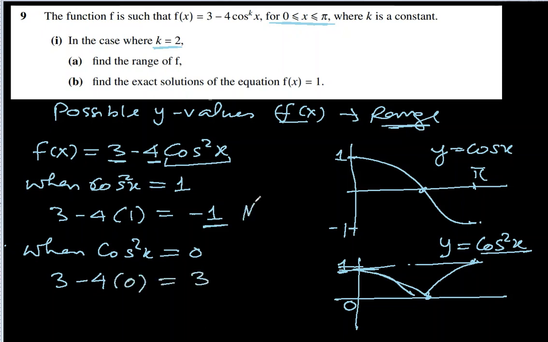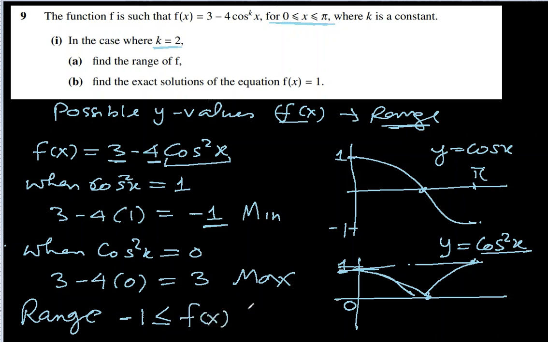So clearly this is our minimum value for y, this is the maximum value for y. So what does our range become finally? Range becomes minus 1 less than or equal to f(x) less than or equal to 3. The maximum and minimum values exist at these points also. This becomes the range.